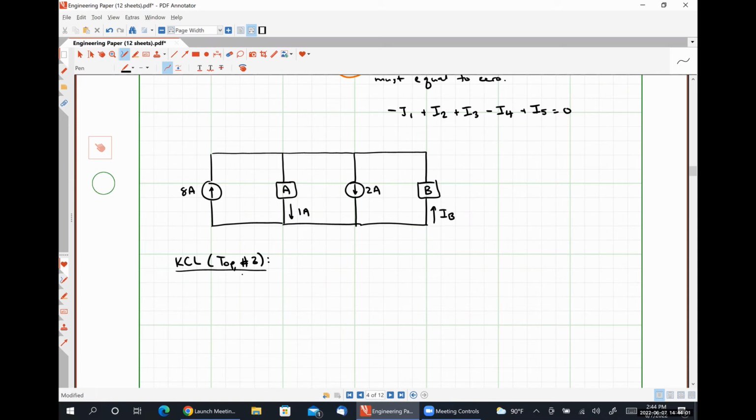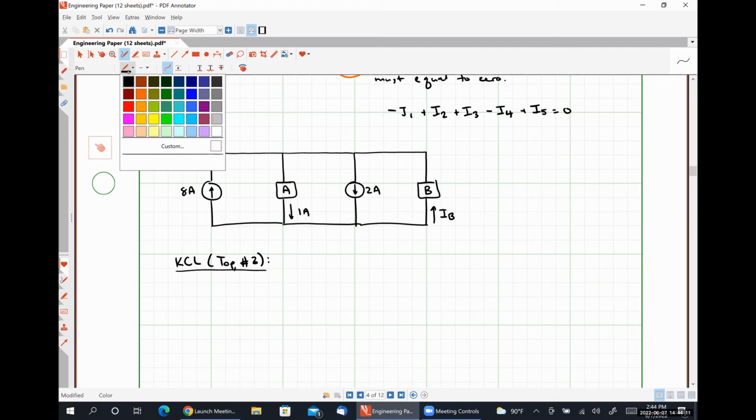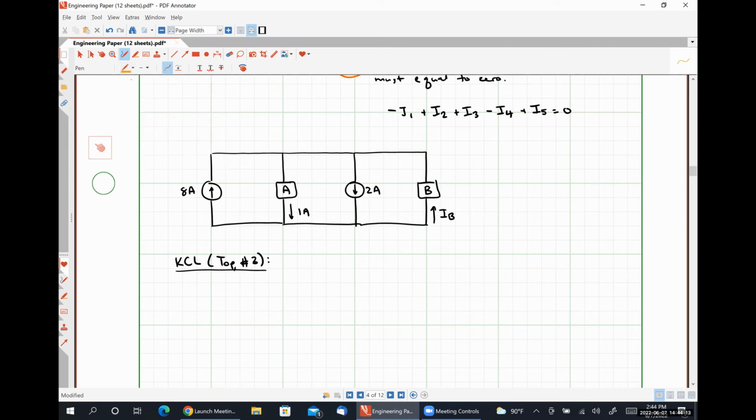So for formulation number 3, we are summing the currents that are exiting our top node. What I like to do in a situation like this is indicate things here real quick. So this current flowing down is going to be a positive quantity. This current flowing down is a positive quantity. This current flowing down is a positive quantity. And this current flowing down is a positive quantity.